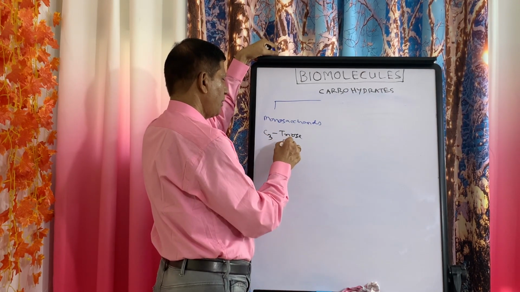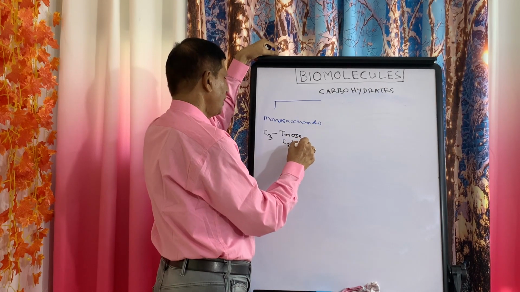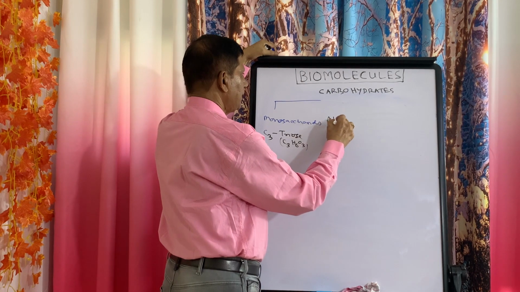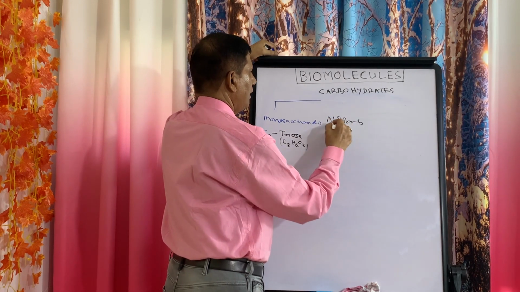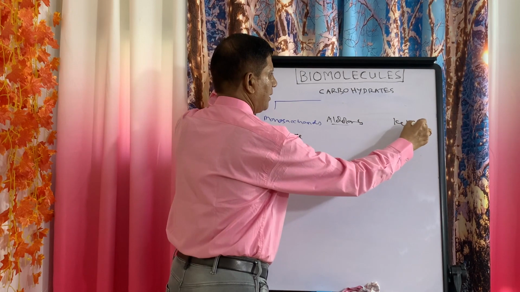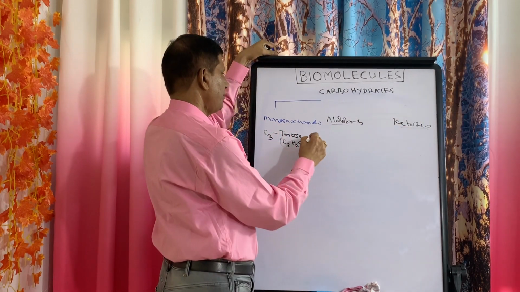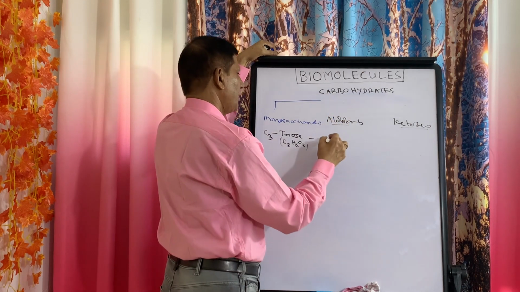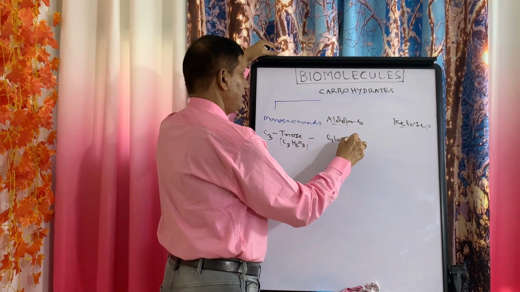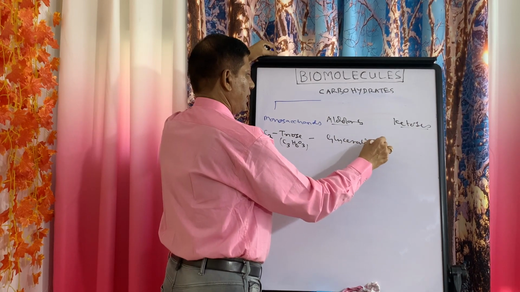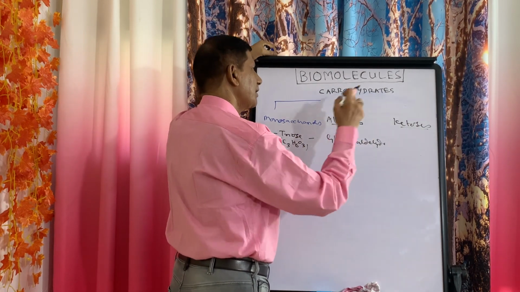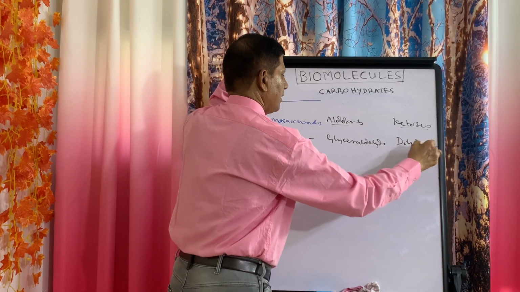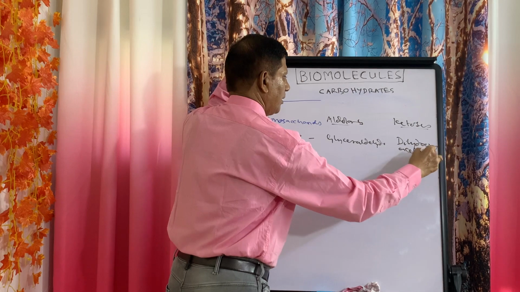So naturally the formula will be C3H6O3. And again there may be aldoses or they may be ketoses. So what is the example? Triose and aldose, it will be glyceraldehyde. And triose ketose, this will be dihydroxyacetone phosphate.